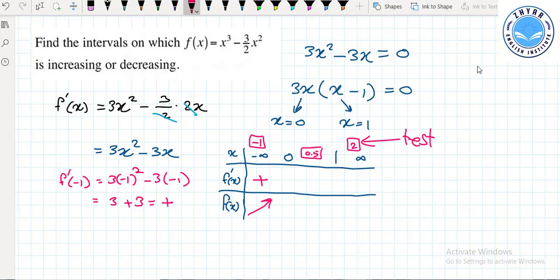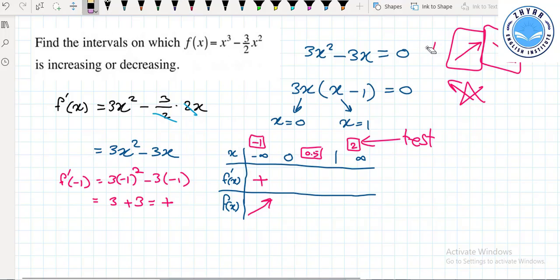These arrows, we always draw them from left to right. This is increasing. This is decreasing. We don't have any other type of arrow. Don't draw an arrow representing increasing in the other direction. That's wrong, because this is from right to left. We only want it from left to right.